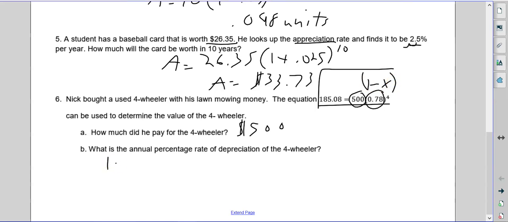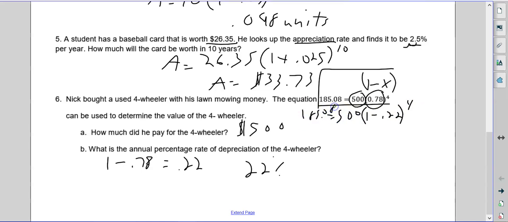So 1 minus 0.78 is 0.22. So that's 22% depreciation. So this would have been written 1 minus 0.22 like so. So we worked backwards to find out the 0.22.